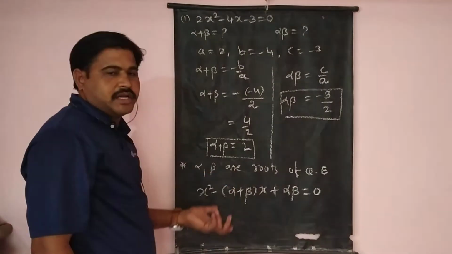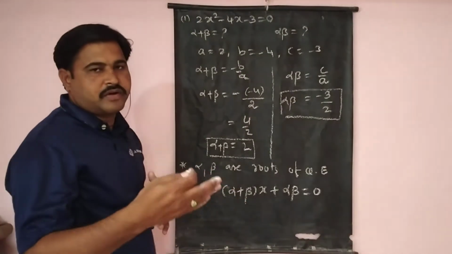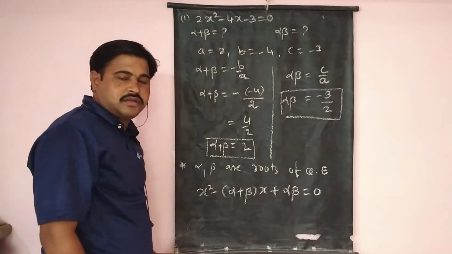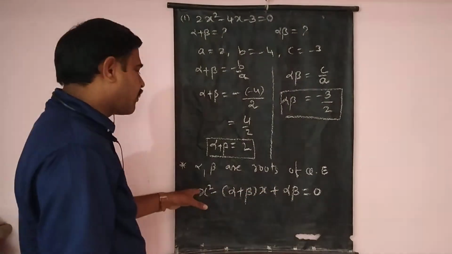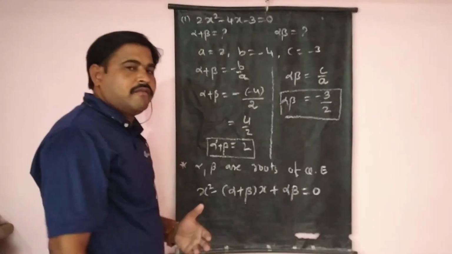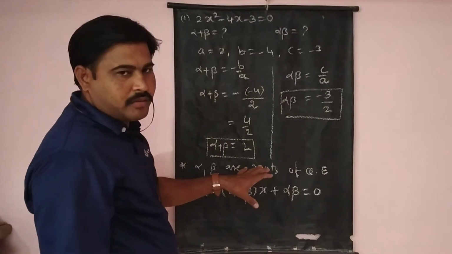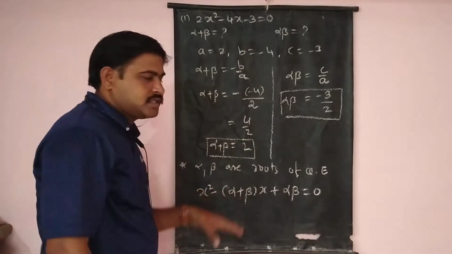X square minus sum of the roots into x plus product of the roots equal to 0. It is the quadratic equation form when the alpha, beta roots are given. So let us learn one of the problems on this form.